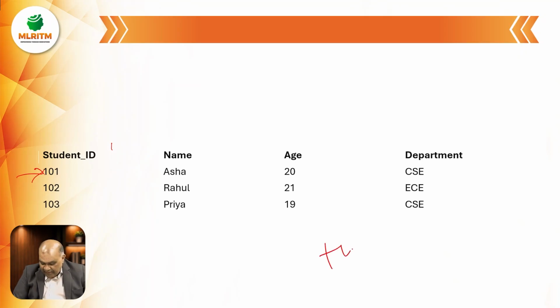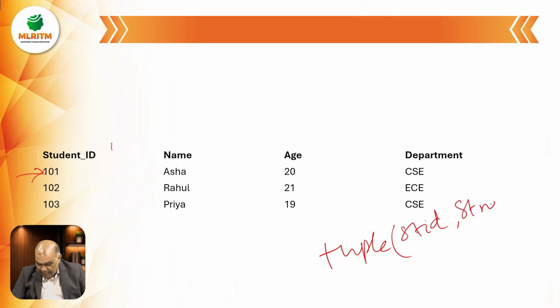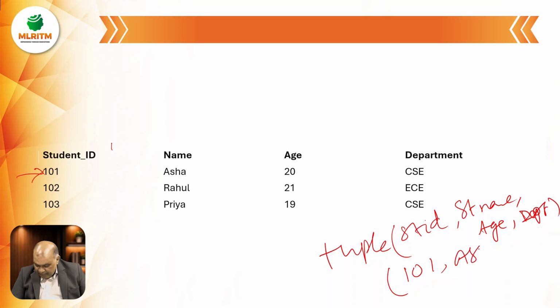We define the tuple as student ID, student name, age and department. We write it like this: student ID 101, Asha, 20 years, CSC department, comma, since each record is separated with a comma. Next, 102, Rahul, 21, EC department. Next, tuple 103.